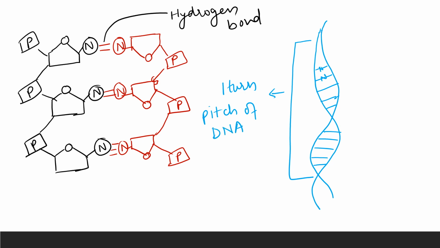Okay, so what is the length of this one pitch? Do remember this, the length of one pitch is 3.4 nm, or you can call it 34 angstrom also. So this is the length of a pitch. And in this length of a pitch, you need to remember how many bases and how many base pairs we have.